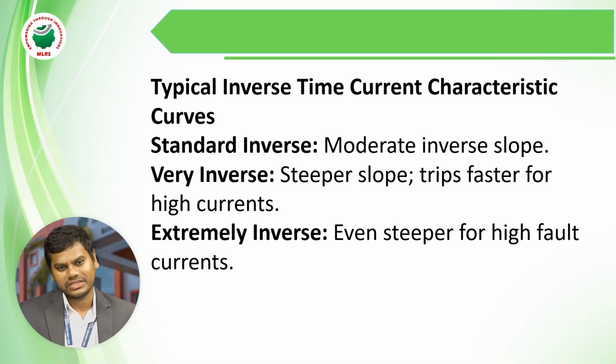Very inverse is nothing but a steeper slope, trips faster for high currents. Next, extremely inverse, even steeper for high fault currents only.